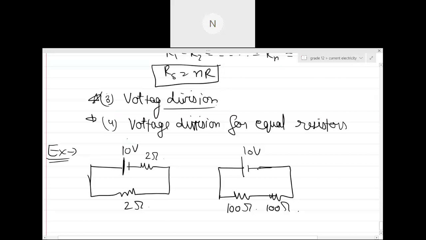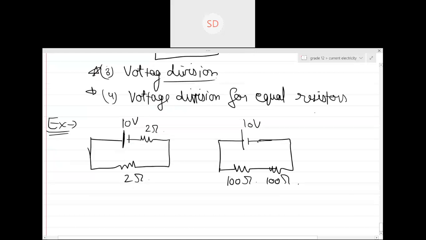Yes, sir. So what shall be the potential difference across the 100 ohm resistor and the 2 ohm resistor in both the cases? Direct divide करना है. You don't need to use the conventional method, but you can if you want. That's why I'm doing it as it is over here.